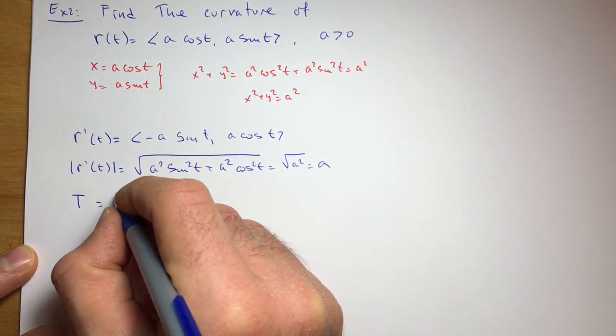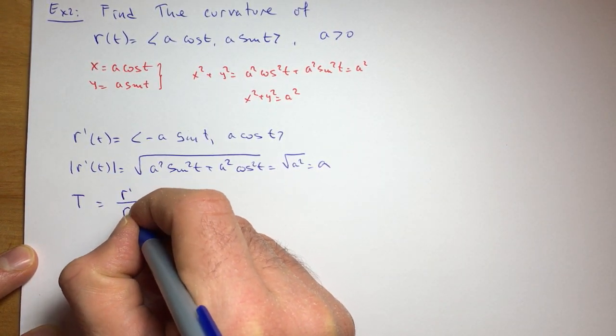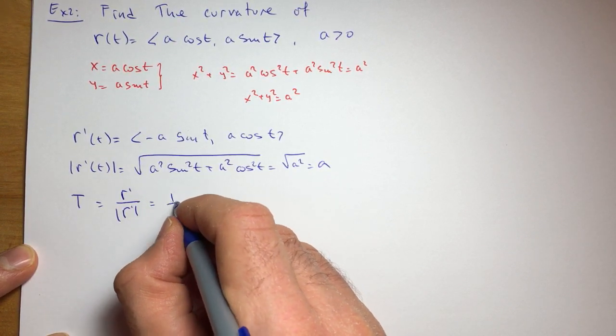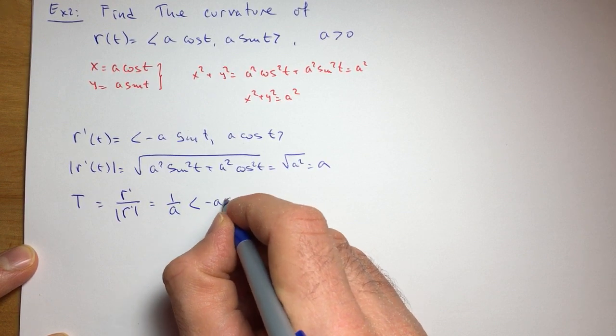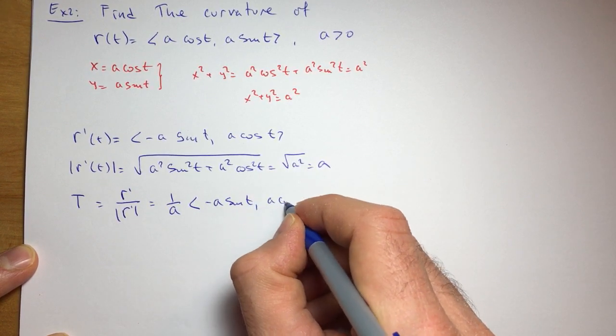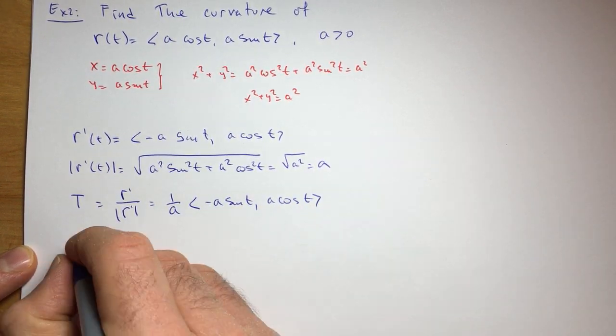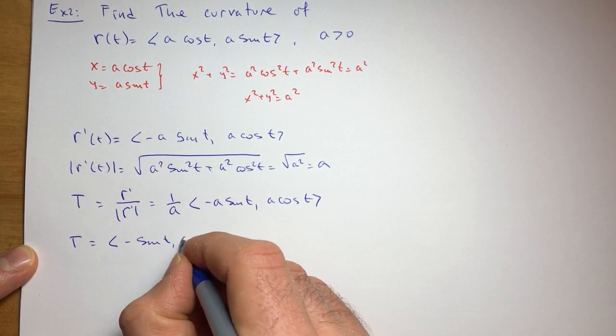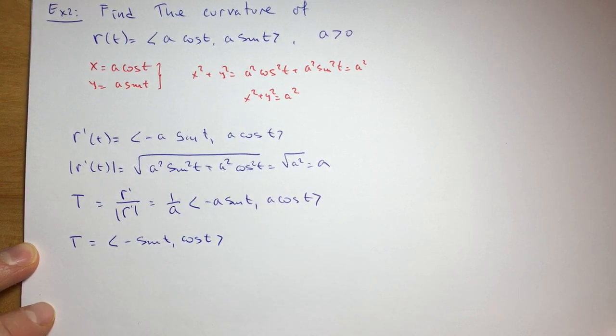Then the unit tangent vector is r prime over the magnitude of r prime, so that's 1 over a times negative a sine t, a cosine of t, or simply T is equal to negative sine of t, cosine of t.